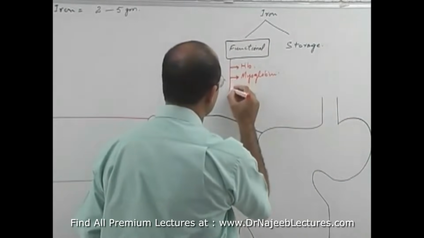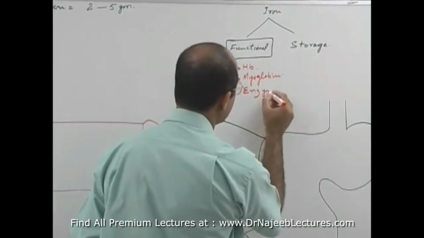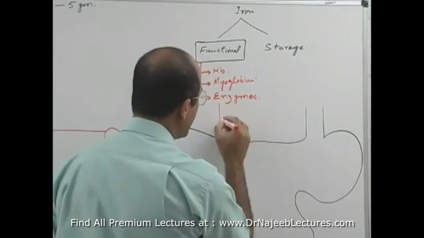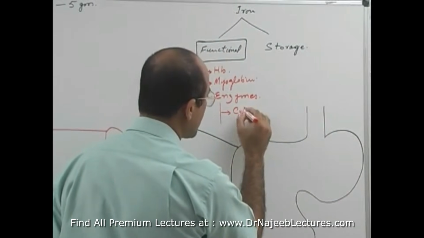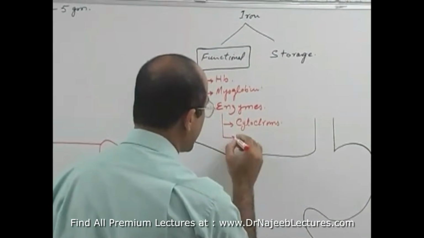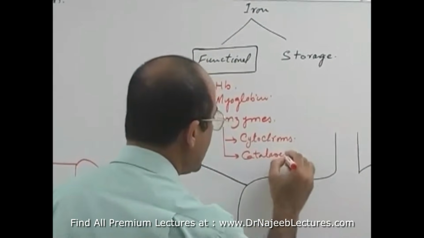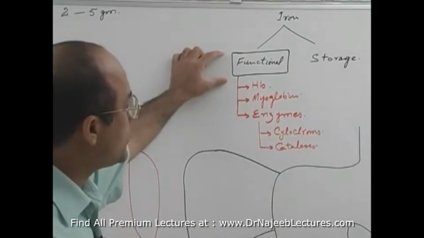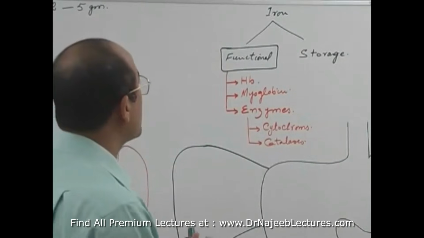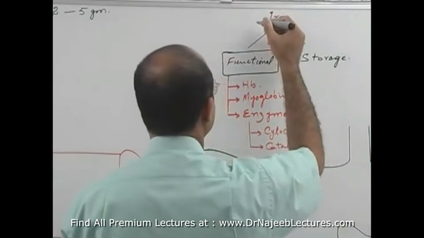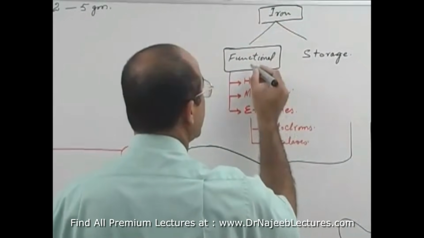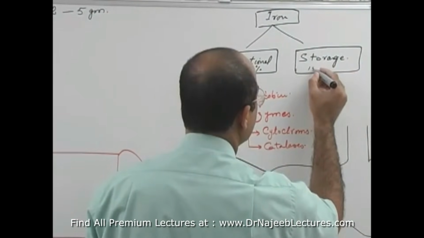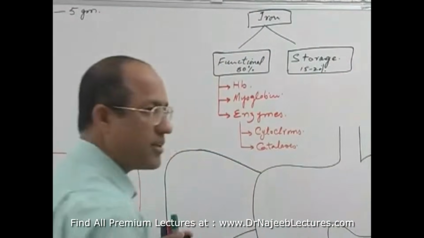Then there are different enzymes in our body which also require iron, for example cytochromes and catalases. So out of the total iron present in your body, 80% is in functional form and about 15 to 20% is storage iron.